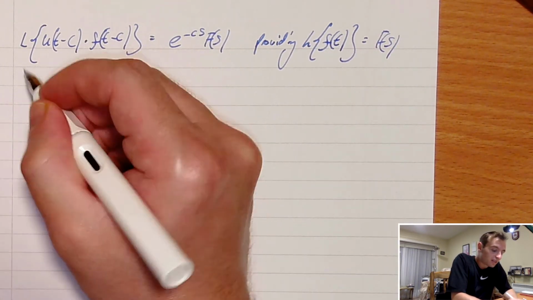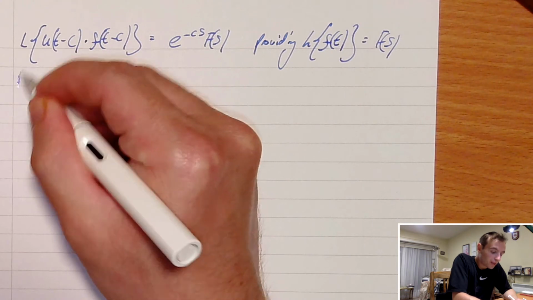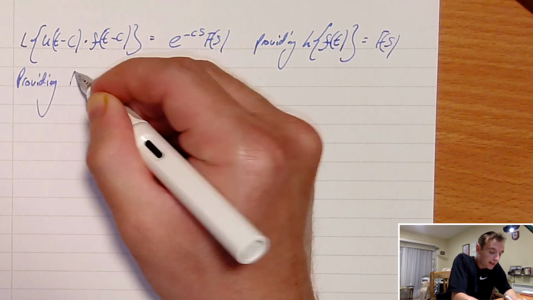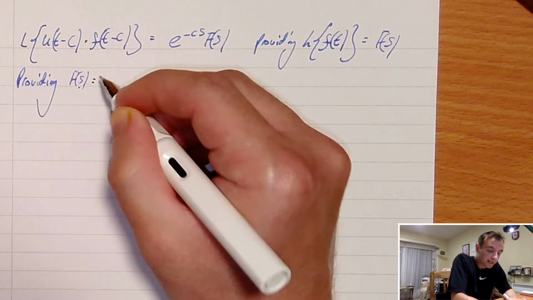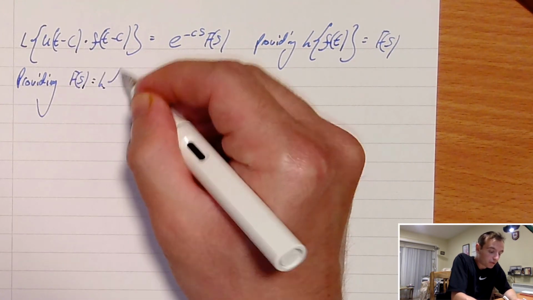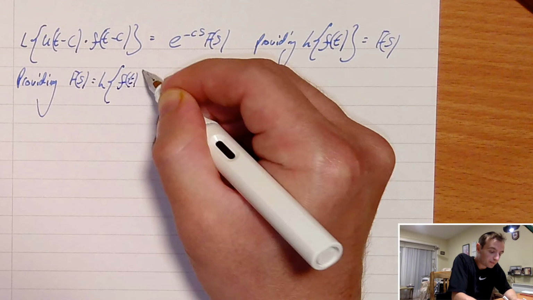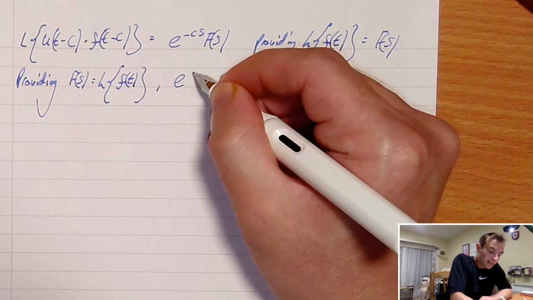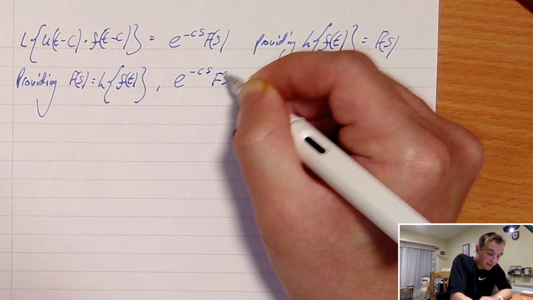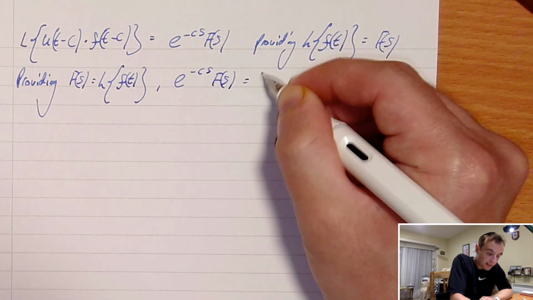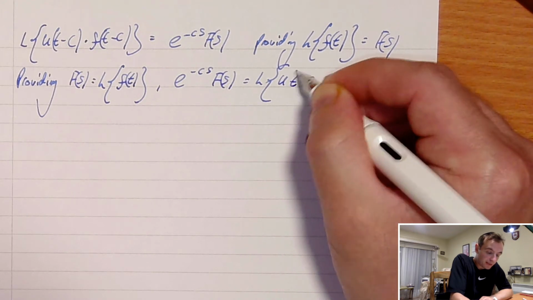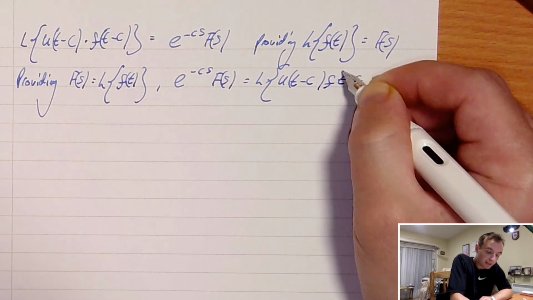So if we do this in reverse, we'll say that providing F(s) is the Laplace transform of f(t), then e to the minus cs F(s) will be the Laplace transform of u(t minus c) f(t minus c).